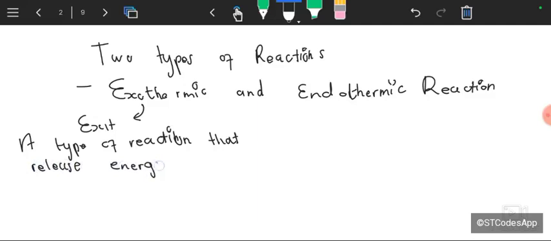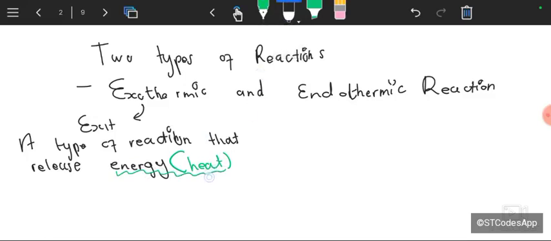But I'm not just saying energy. What type of energy? Heat energy. I want you to say that. It releases energy, but not just energy, it releases heat energy. I want my students to be able to say that.